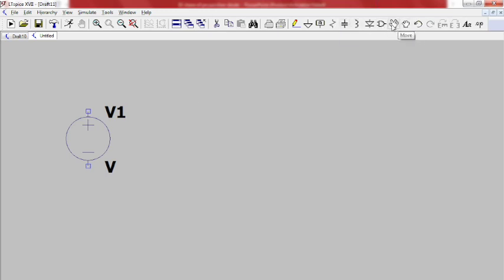In these tools, there are two hand symbols. One is move and another one is drag. Using the move and drag symbols, we can move the component anywhere. I will tell the difference between these two hand symbols later.